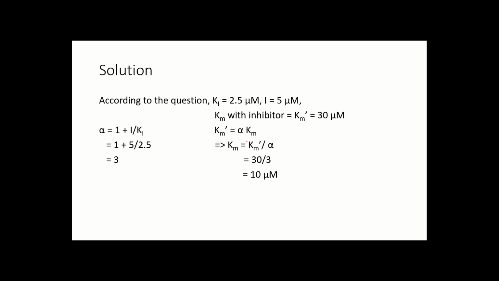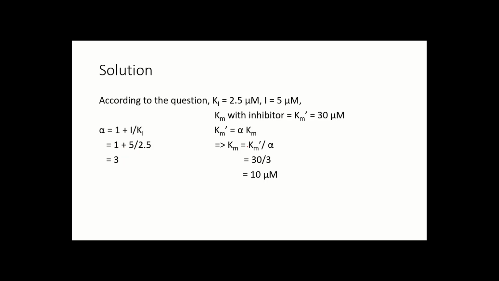So Km equals Km dash by alpha. Now what is the value of alpha? Alpha equals 1 plus I by Ki. The inhibitor concentration is 5 micromolar and Ki is 2.5 micromolar, so it will be 1 plus 5 by 2.5, which is 3.